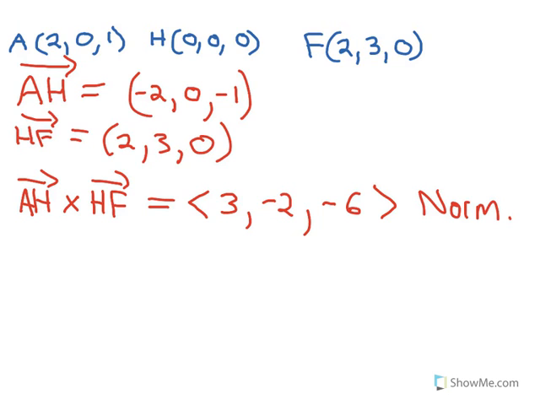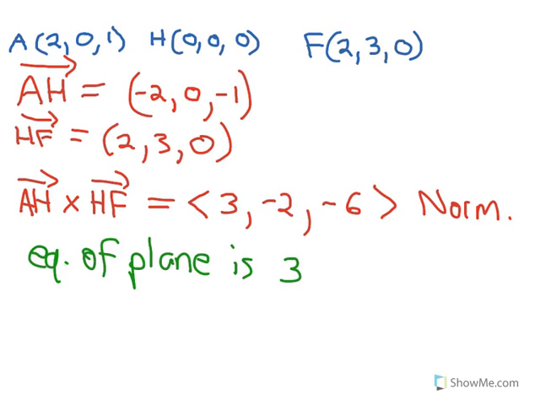So to get the equation, again, we're going to use the normal vector and any point on the plane. To make it easy on ourselves, let's just use the point 0, 0, 0, that's point H. And we'll say the equation of the plane is, we just take our normal vector's components and those go in front of each individual variable.